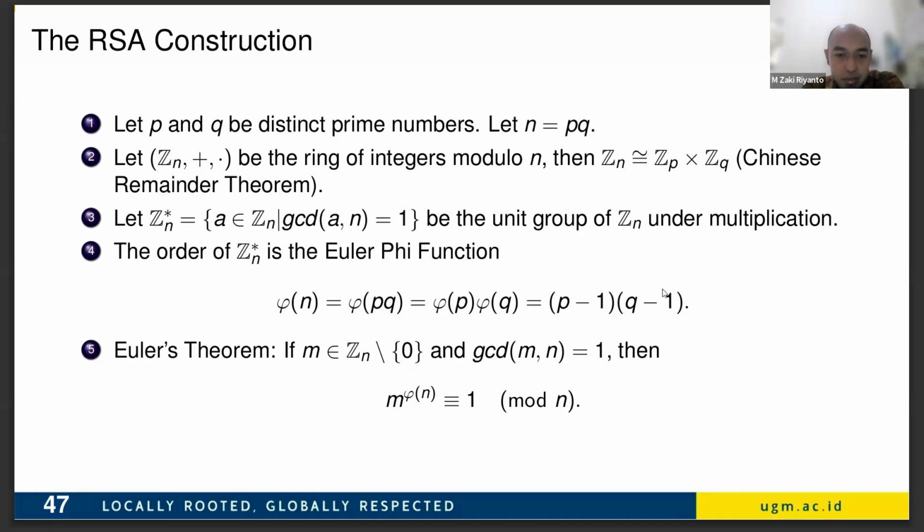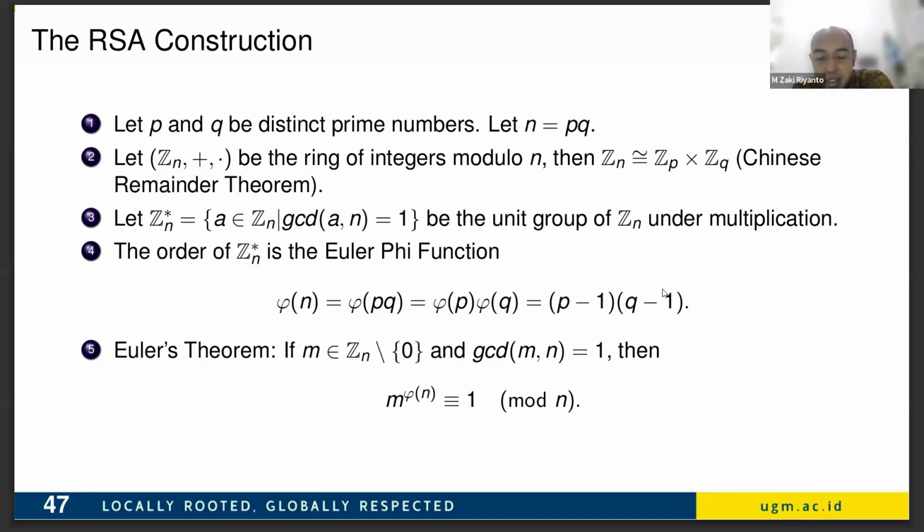And let Zn star be the unit group of Zn under multiplication. So Zn star is the set of all elements A in Zn such that the element is relatively prime with N. And the order of the group Zn star is the Euler function, and the order φ(N) is actually (P minus 1)(Q minus 1).